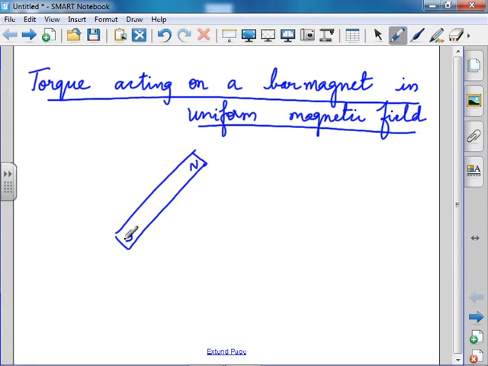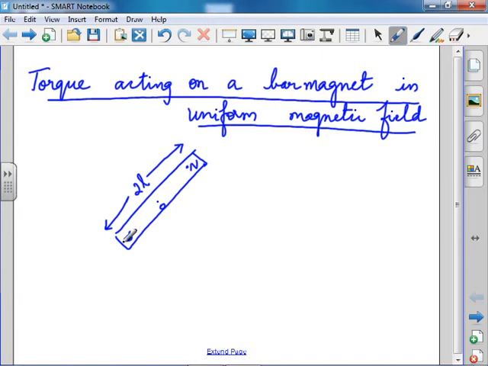Be careful while drawing the diagram. So what is the length of the magnet? It is 2L. So this is the center. So ON is equal to L and OS is equal to L.